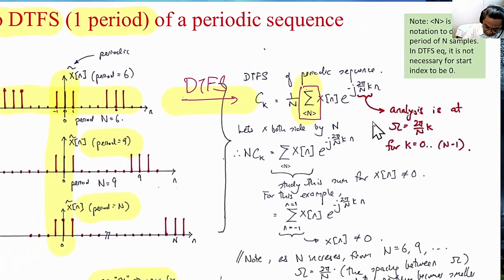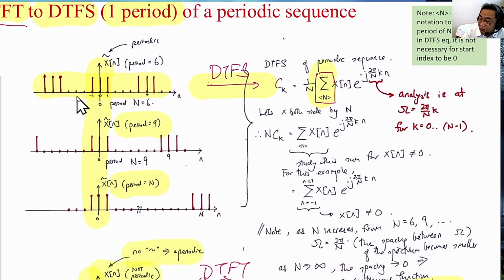So in this particular example, it is better for us to take, let's say, -3 to 3 or -3 to 2 for one 6 sample period. And of course, when we extend to 9, it goes from -5 to 4 or whichever, but the only non-zero samples are still the same.